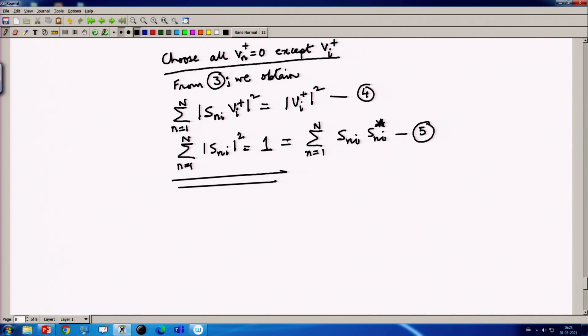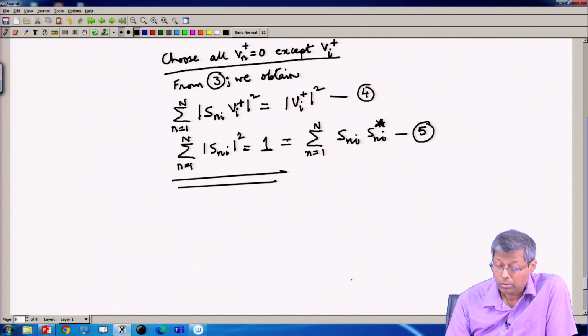So, this equation 5 holds good for any i.